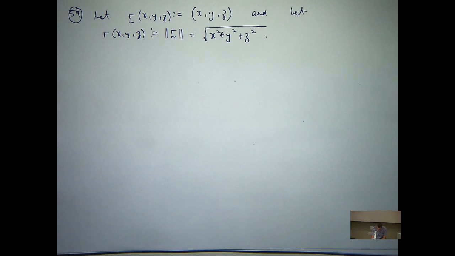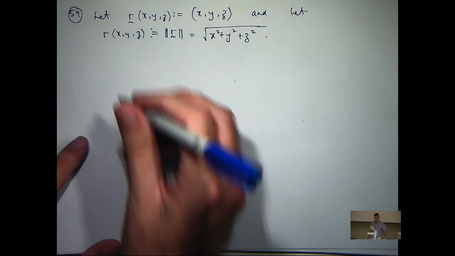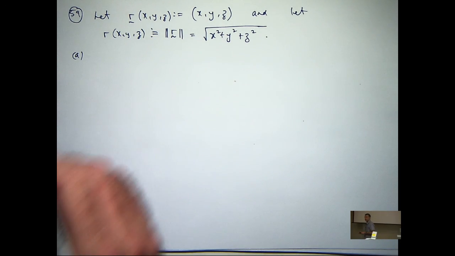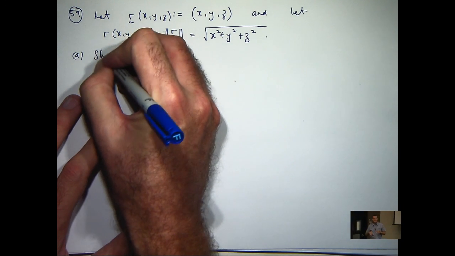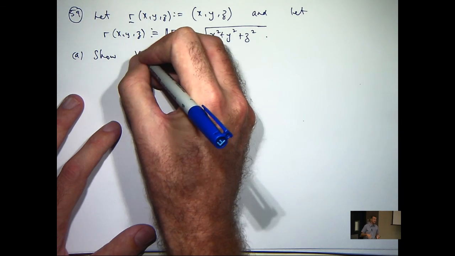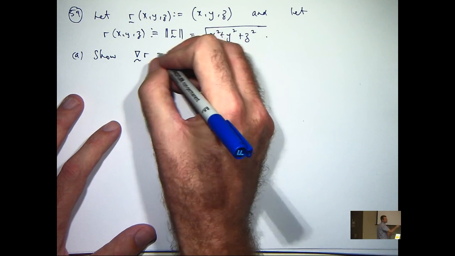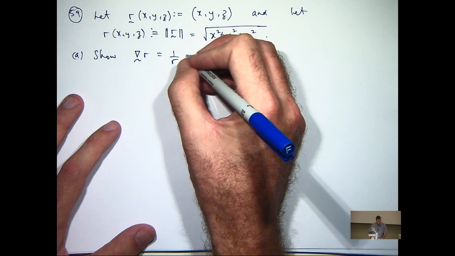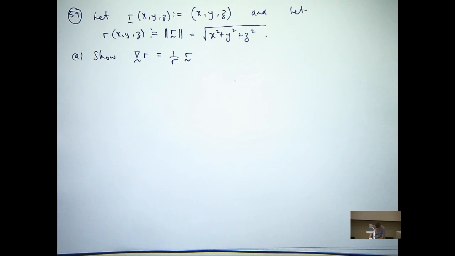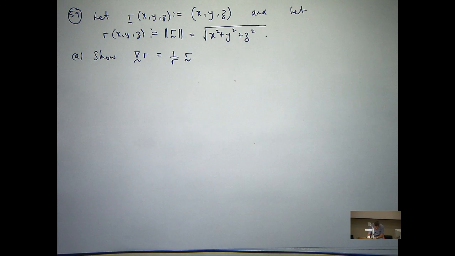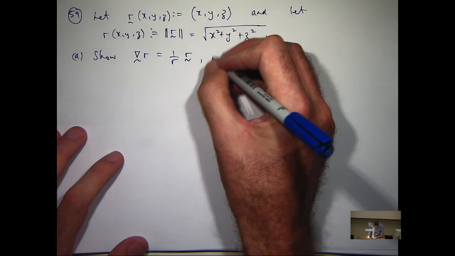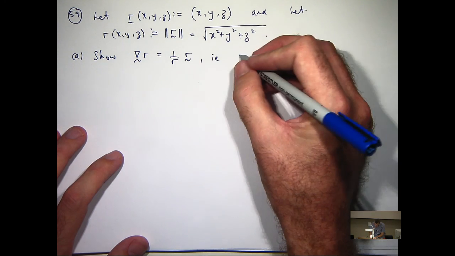So in the first part, we want to show that grad R equals 1 on R times the vector function R. Now, I'm just going to rearrange this and prove an equivalent. I'm just going to bring the R up the top.